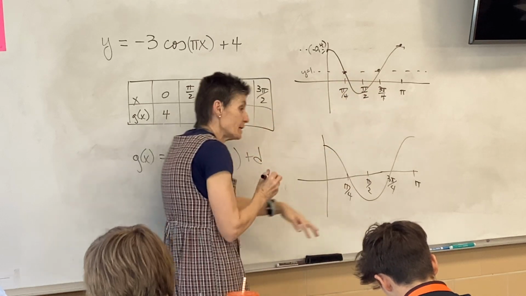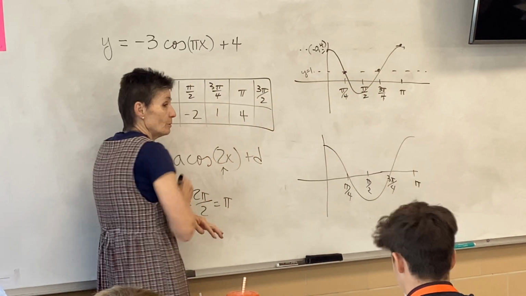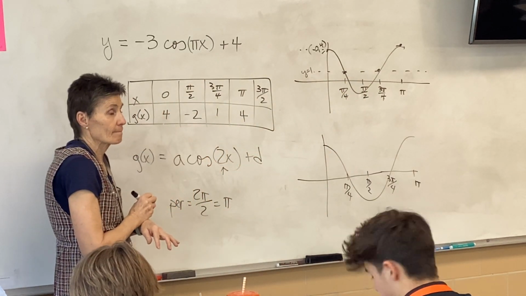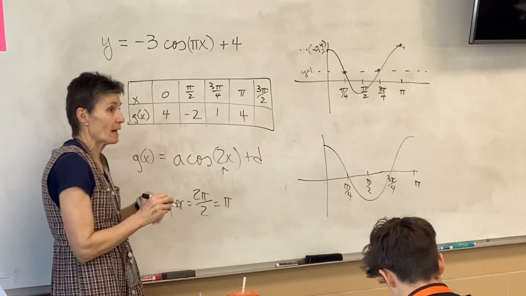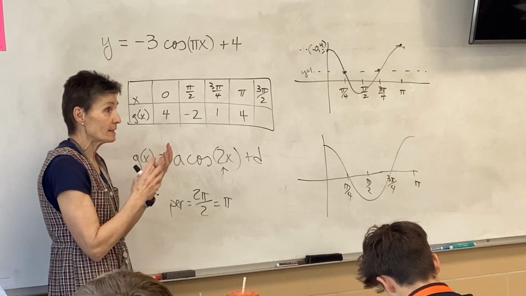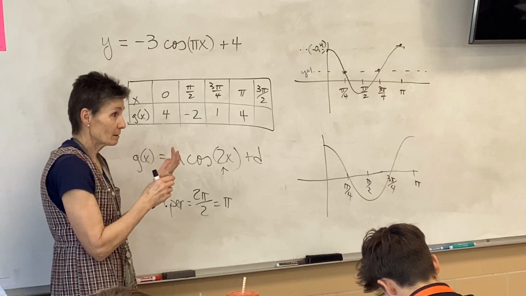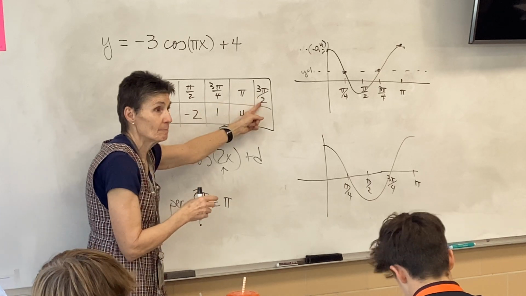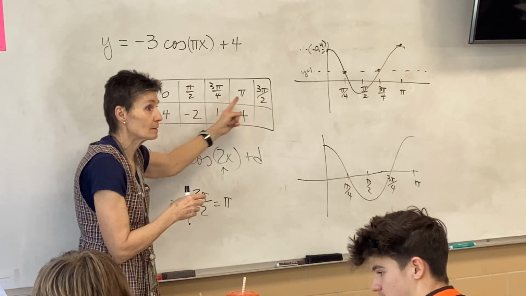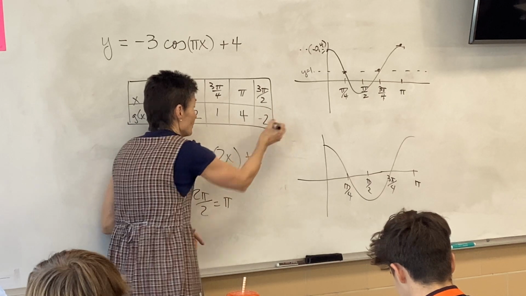So that would be negative 2. And then what about 3 pi over 2 now? Remember, your period is pi. So aren't these going to be the same? Aren't they pi apart?